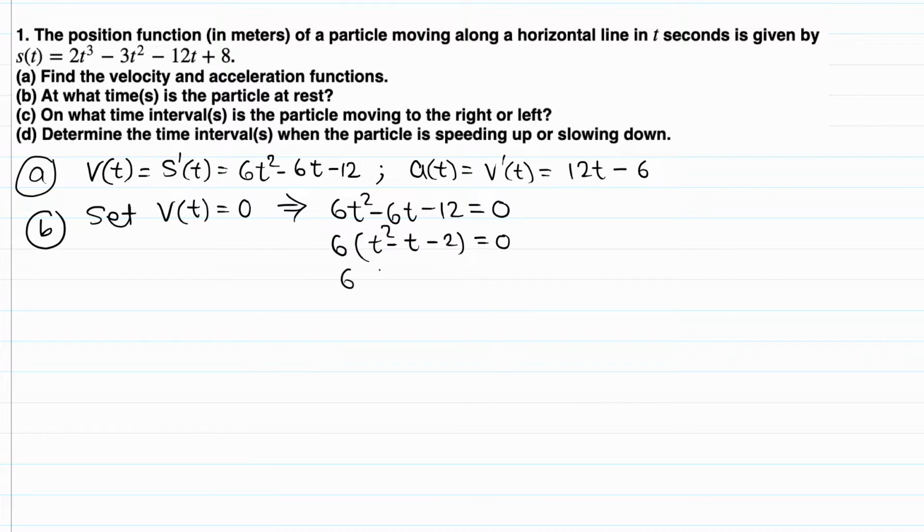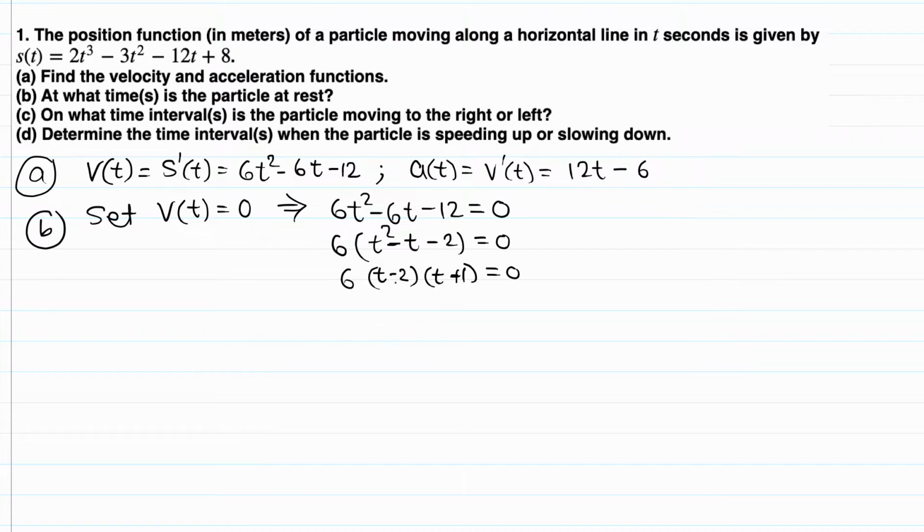We can factor this trinomial as a product of two binomials. So t squared, t times t. 2 means 2 times 1, and to get negative in the middle, the negative goes with the bigger number. If we FOIL, if we multiply t minus 2 and t plus 1, we get this.